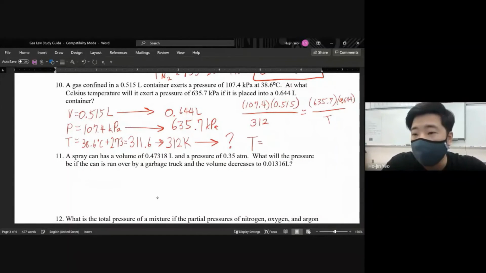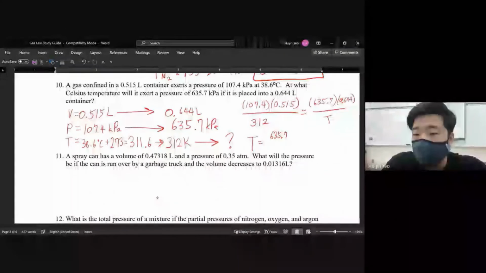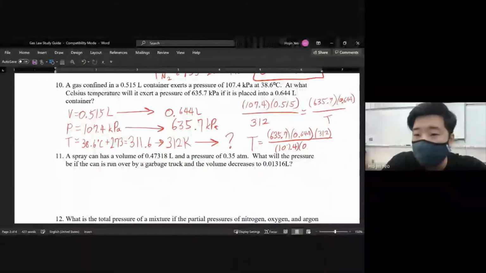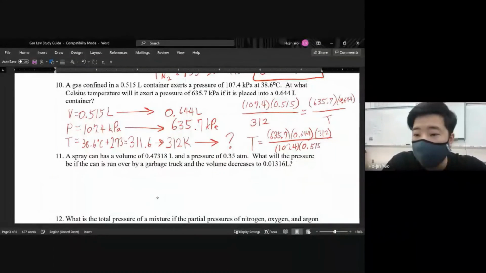So eventually what it's supposed to look like is 635.7 times 0.644 times 312 divided by 107.4 times 0.515.